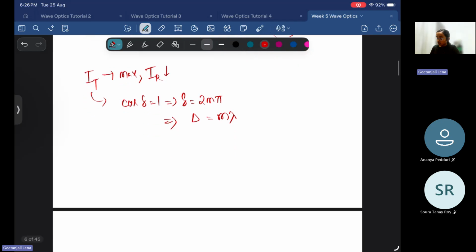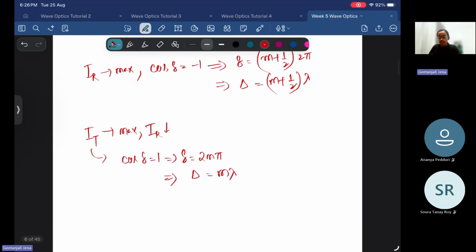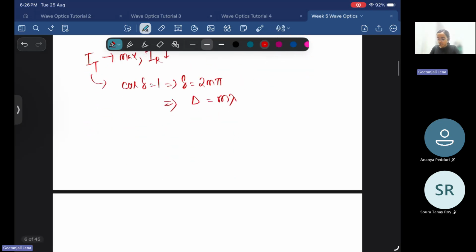Okay. So after deriving whatever condition required for this constructive and destructive interference, we have used the Stokes relation to express this intensity in terms of reflectance and the transmittance. So if you recall the Stokes relation, this is nothing but r is minus of r prime and t t prime is 1 minus R square.